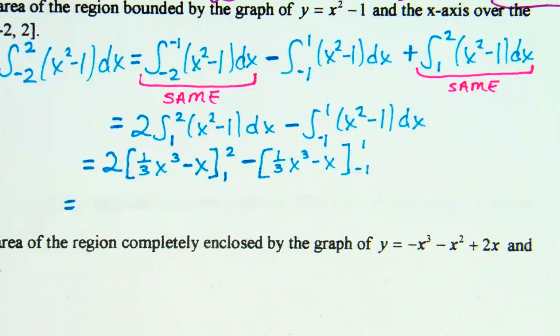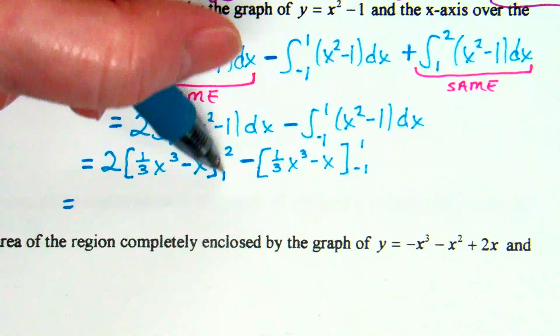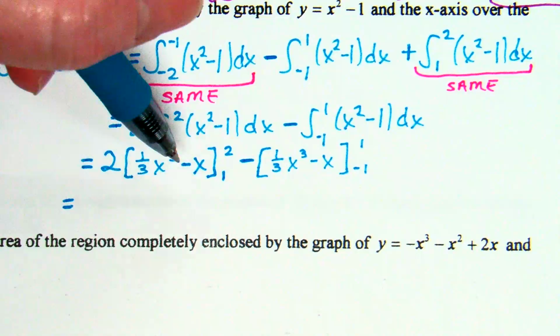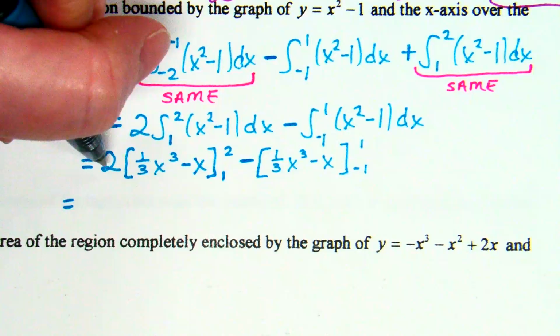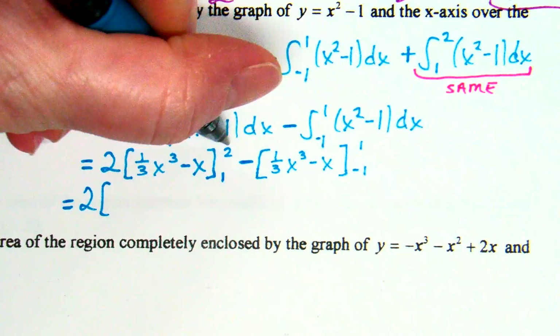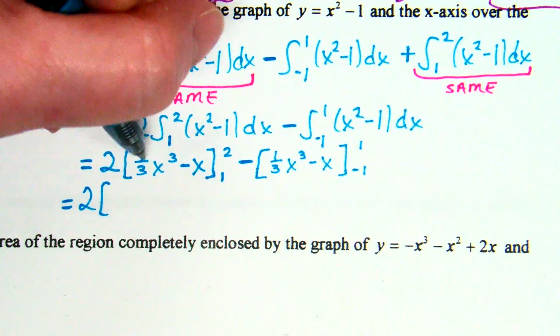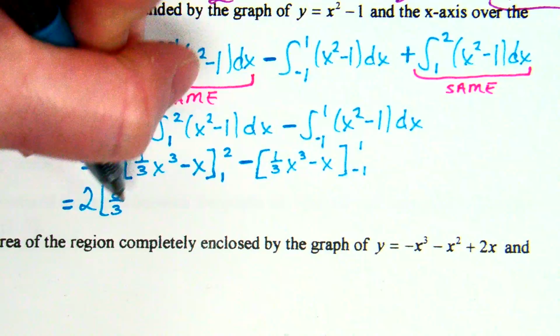Okay, so what are we doing? Evaluating from 1 to 2. So remember what you do? You plug in the 2, and then you plug in the 1, and you're subtracting, right? This 2 right here I'm going to keep out front. So I'm plugging in 2. So 1/3 times 2 to the 3rd. What's 2 to the 3rd? 8. 1/3 of 8 is going to be 8/3.